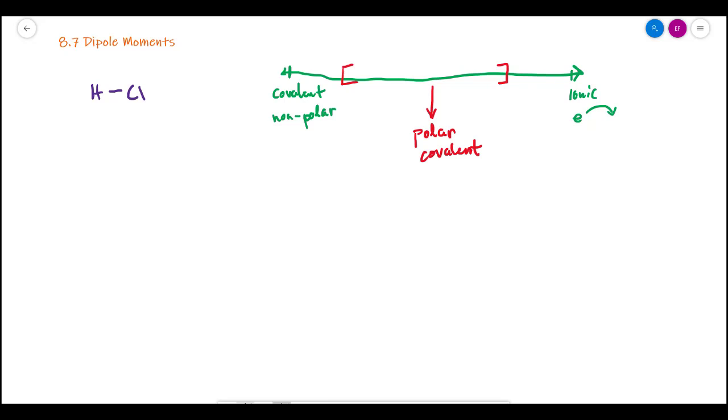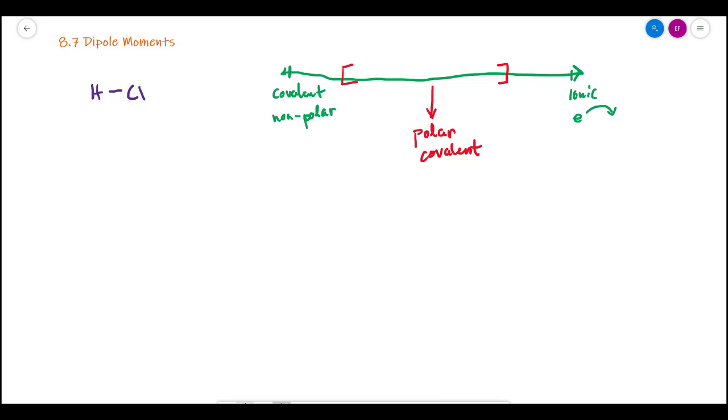And I also alluded that if you have a molecule with multiple bonds, we could think about the polarity of the entire molecule. So if we think about HCl to begin with, this is really simple because it's a linear two-atom molecule. So the bond really is the molecule itself because we only have one bond. But remember, we said that based on differences in electronegativity, we could assess where bonds lie on this continuum.